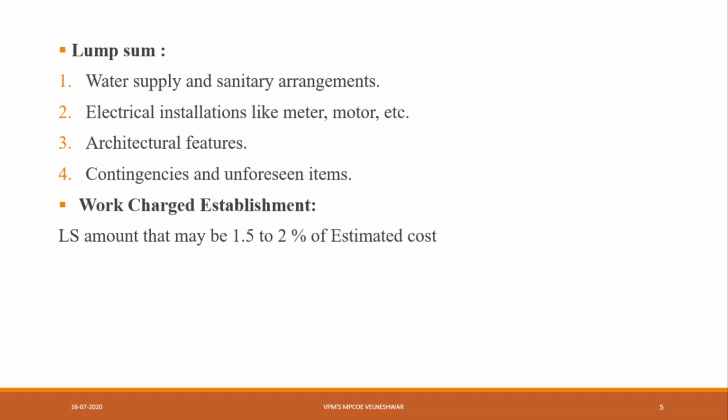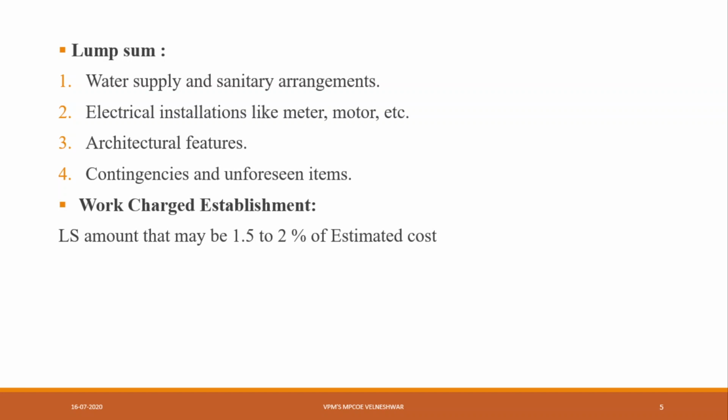Then work charge establishment. During the construction of a project, a considerable number of skilled supervisors, work assistants, watchmen, etc. are employed on a temporary basis, right? For security purposes, you have to keep a watchman, then a supervisor for execution of work, then a work assistant. You have to keep them for completing your project successfully.